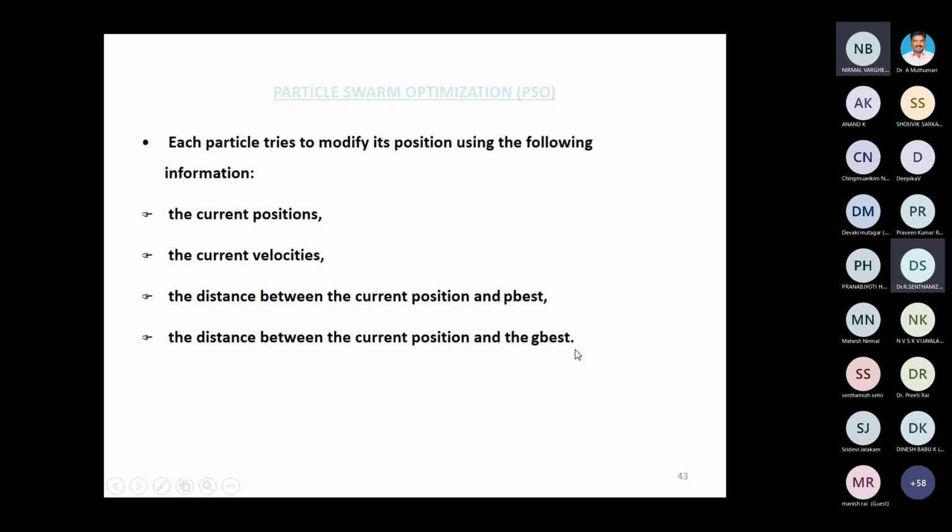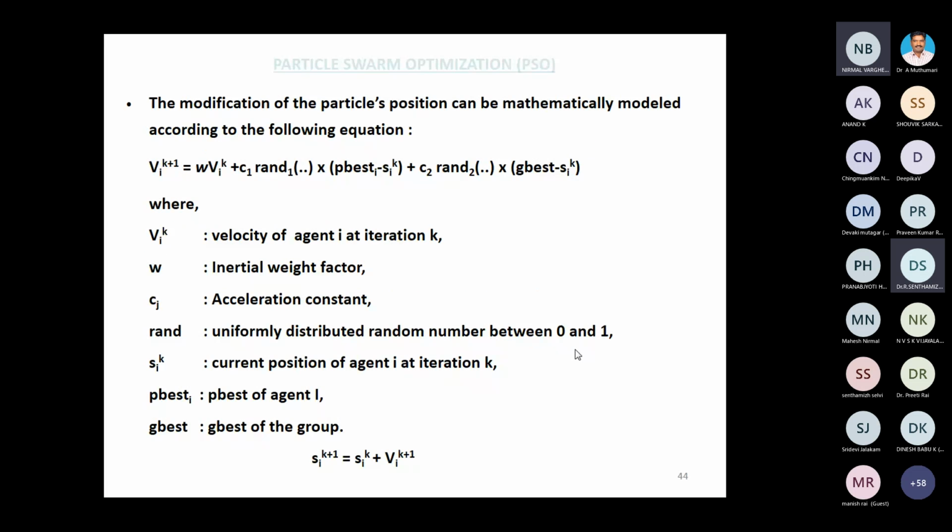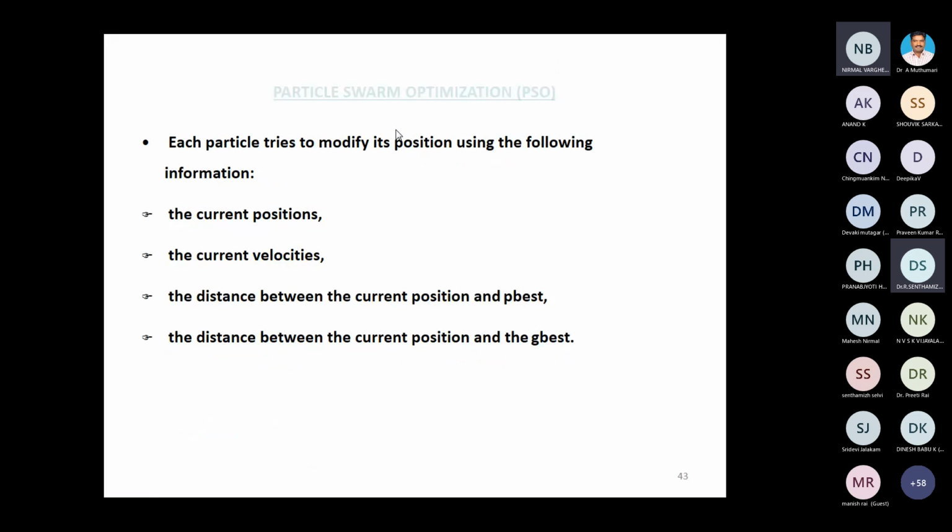These parameters you must initialize. Now, the modification of the particle's position can be mathematically modeled according to the following equation. First, we made the theoretical concept of PSO, right? Now, based on this theoretical concept, we formulated the mathematical formulas.